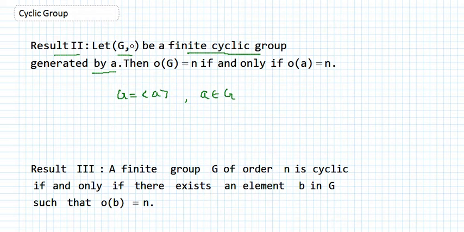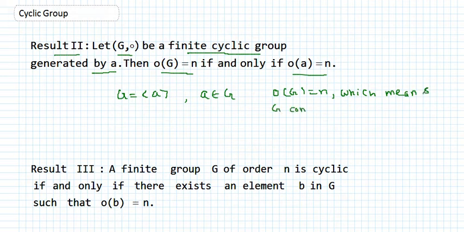Then it says that the order of G is n, the group with n number of elements, if and only if the order of the element A is equal to n. Which means that if the order of G is n, G contains n elements.